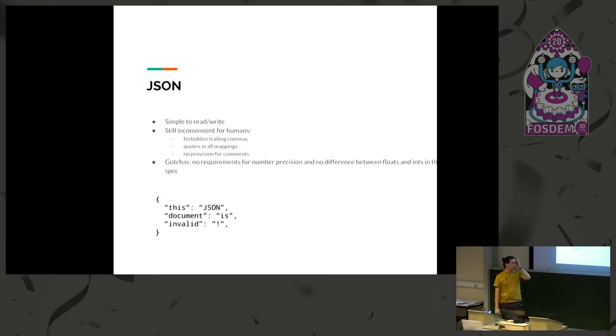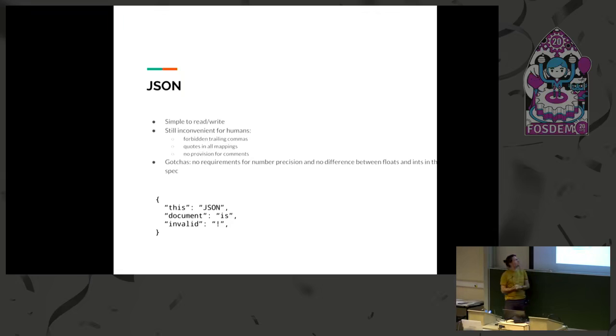So another widely known format is JSON. JSON is also very easy to read and write for humans. It's very easy to parse for machines.